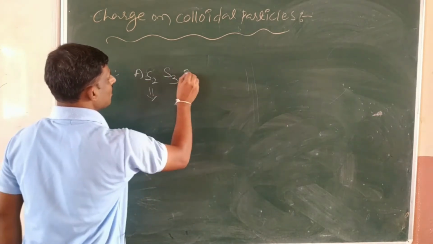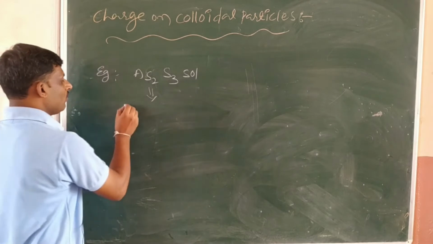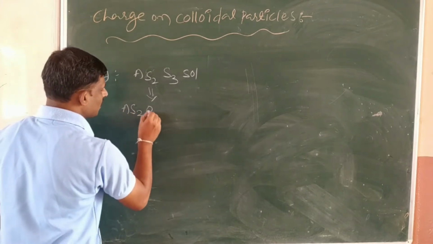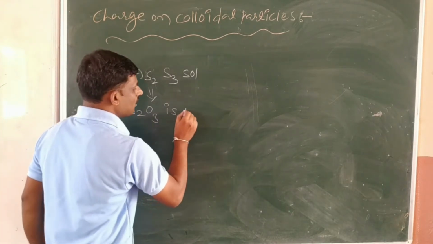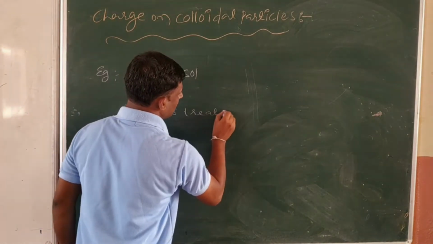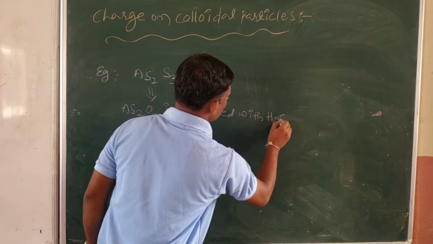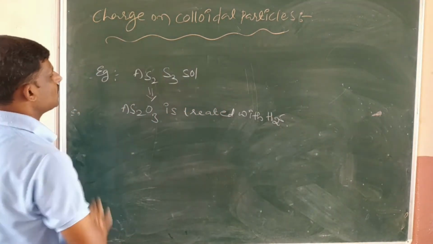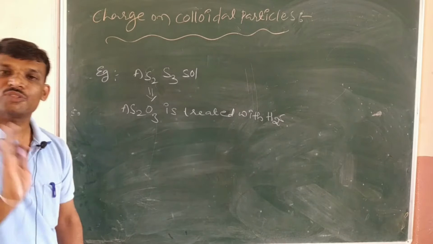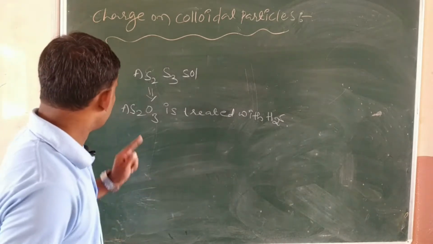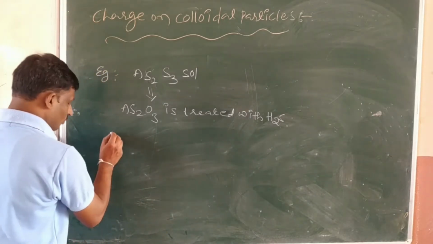We prepare it when As2O3 is treated with H2S. What is forming? As2S3, arsenic sulfide sol, is forming.